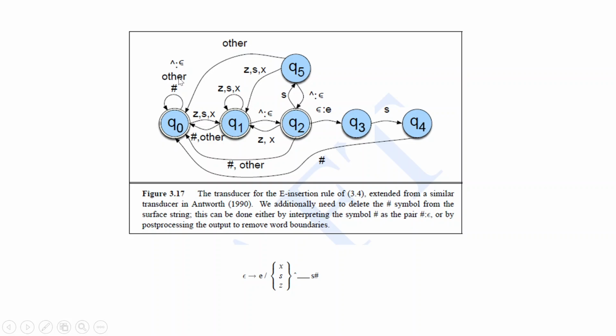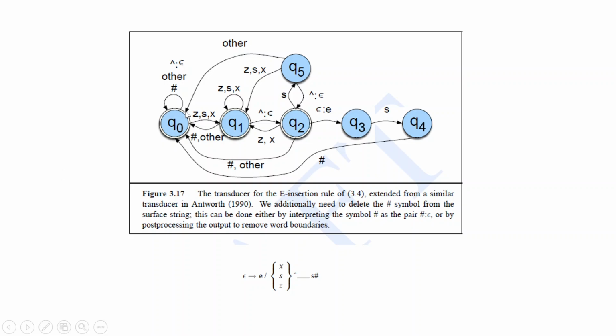This means you are reading any other symbol and outputting it also. Such pairs on the transition are called default pairs. Since it is a default pair, it is represented with only one symbol here. So anything you come across other than Z, S and X, you just output it. It will be generated to the output tape.